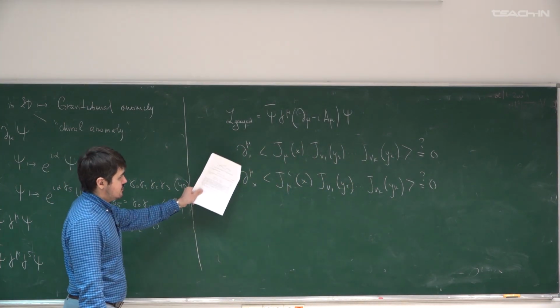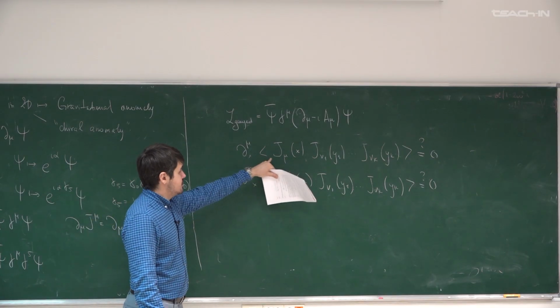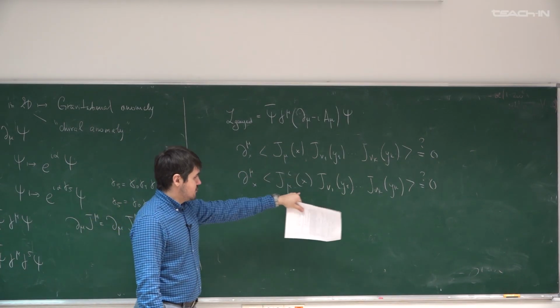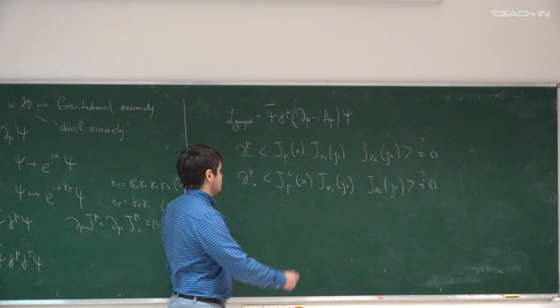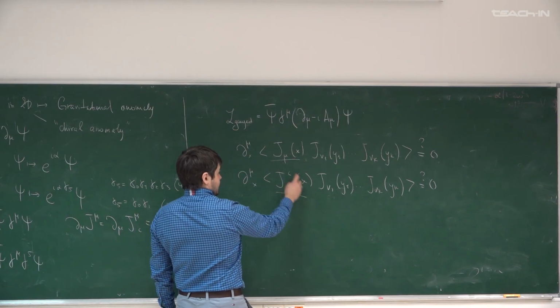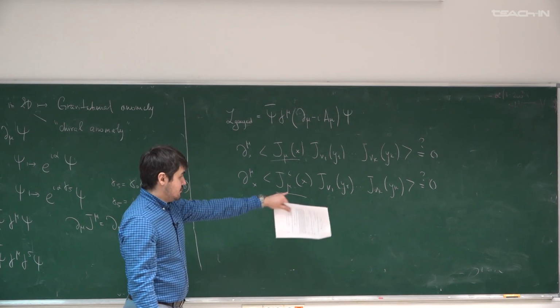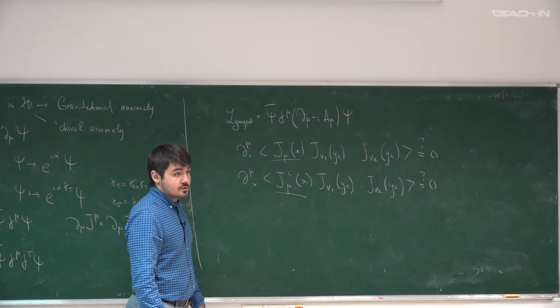So we study correlation functions of the divergence of a current in the presence of some other currents. The first current can be either vectorial or chiral, and the other currents are all vectorial.